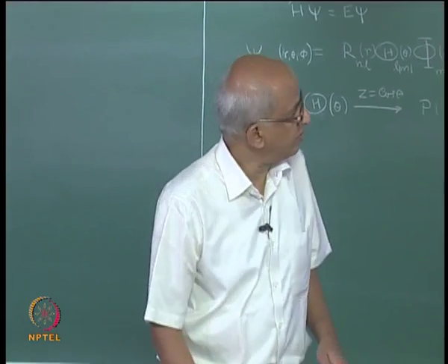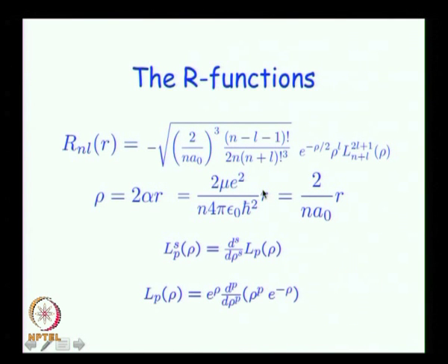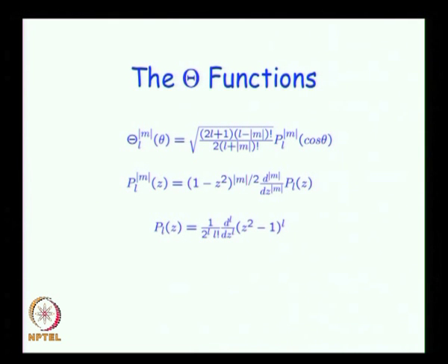So, if you look at the things that are written, you find that 1 minus z square to the power of m by 2 is there, and this is actually your g, but written in a notation that is familiar, borrowed from mathematics. So, if you wanted to calculate the g, what should you do?